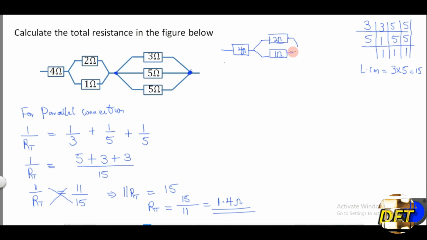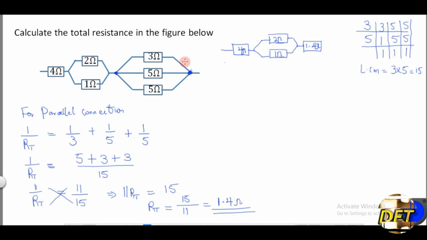I have resolved these 3 resistances into a single resistance, right? And what I got is 1.4 ohms. So this is what I now have in essence, right?